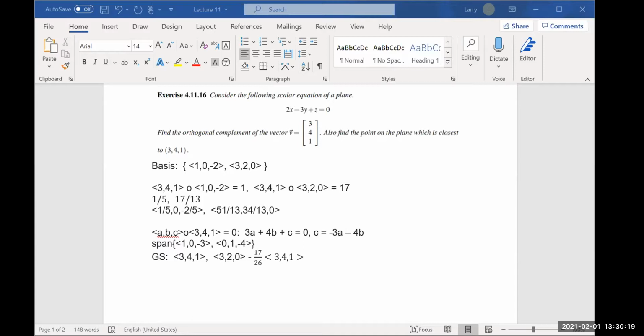So who remembers the formula for projection when you have an orthogonal basis? And now it has to do with some dot products. So what do we do?